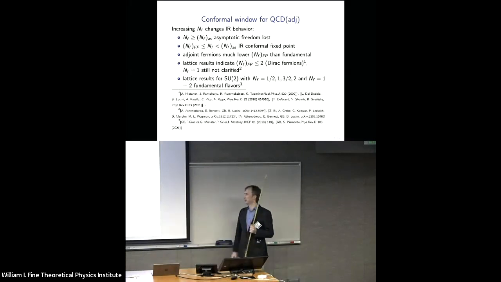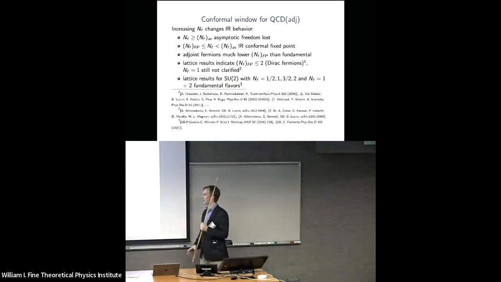And then there's an even lower range, called the conformal window, where you expect that the running of the gauge coupling changes and it develops a conformal fixed point in the infrared where the running stops.